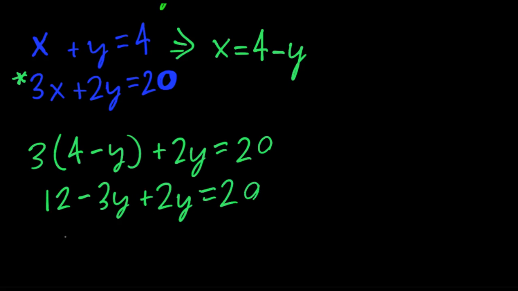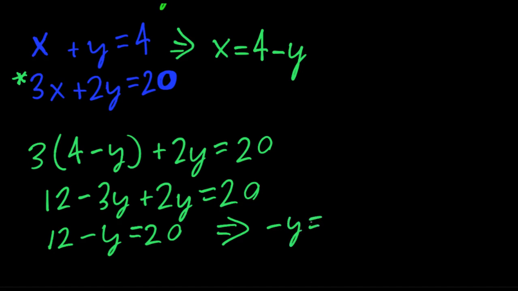So tidying up, we get 12 minus y is equal to 20, which means that minus y is equal to 20 minus 12, which is 8, and thus we get the inverse of that, so we get y is equal to minus 8.